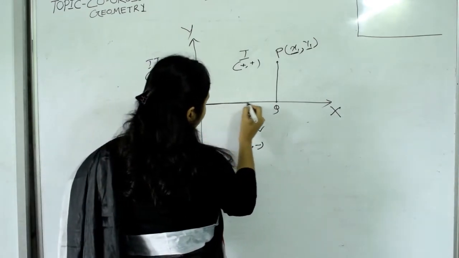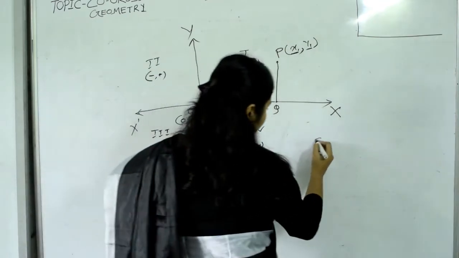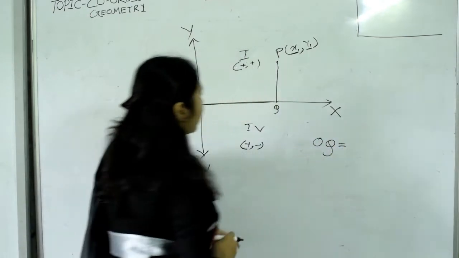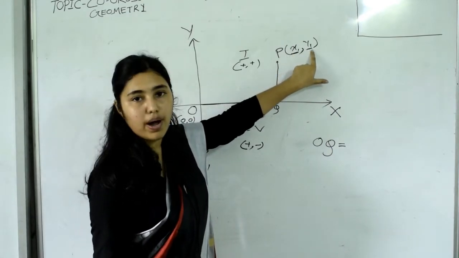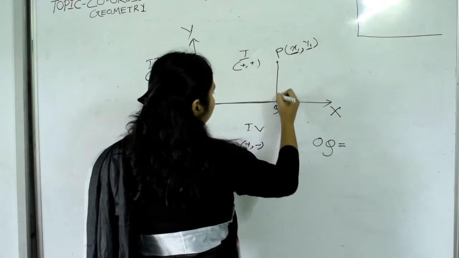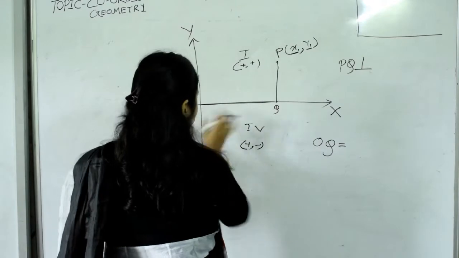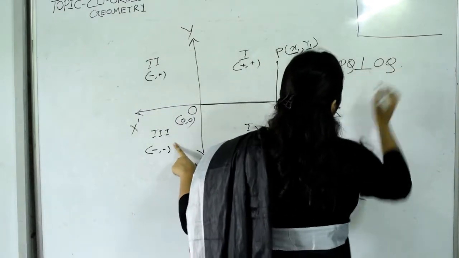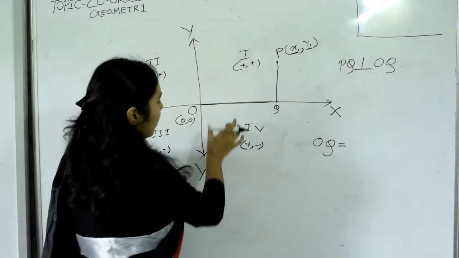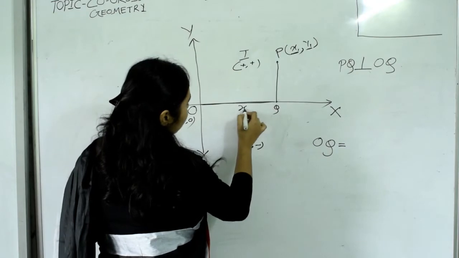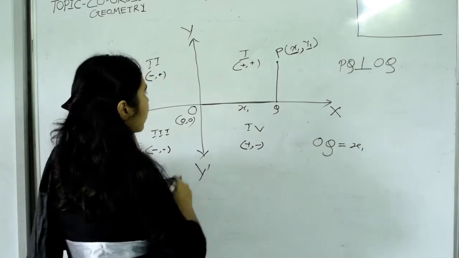Now tell me the length of OQ. Here the length of OQ is x1. The distance is x1.